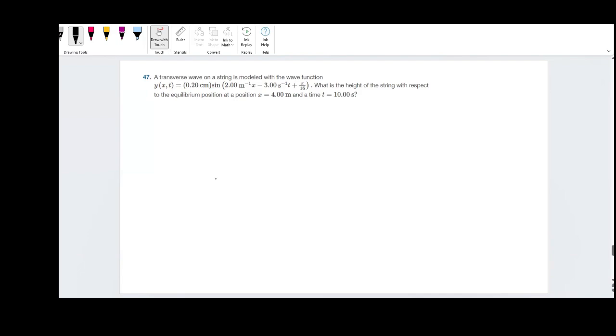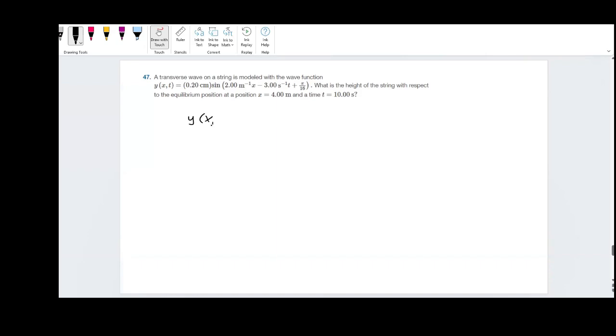So we want to find the y, the height of the string, the y coordinate of the string with respect to the equilibrium position at that x equals 4 meters and time equals 10 seconds. So they give us the equation. Remember that the function y of x comma t is basically this.